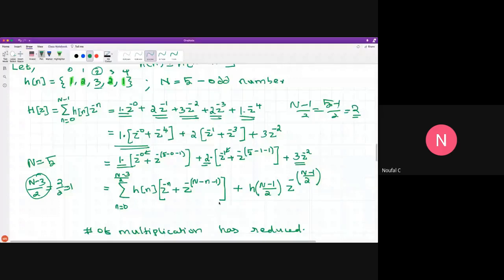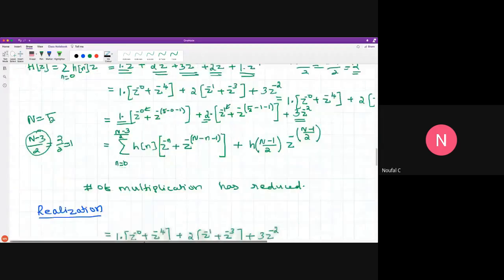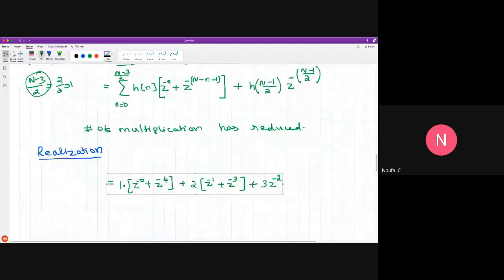So you can go ahead with the realization just by using the equation that I have just written in the second line. So you can take this equation, and if we want to find the generalization, I'm taking this equation. So this is my H of z for our example.